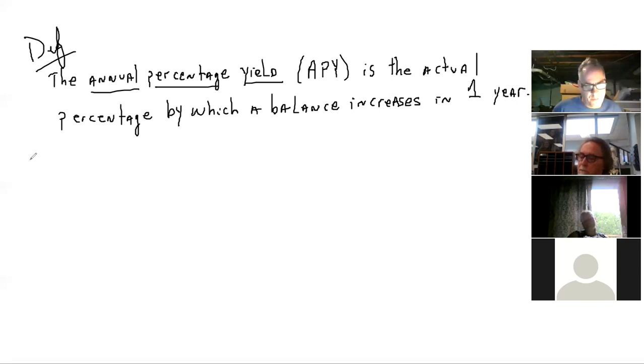So how do we, again, we've been working with percentages a good bit. Nothing mathematically changes.